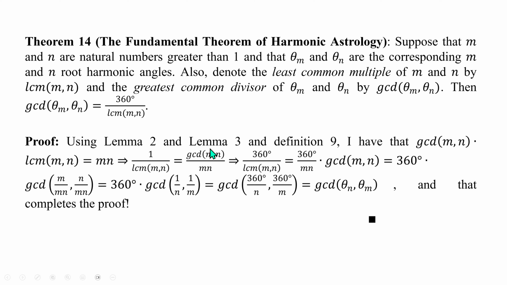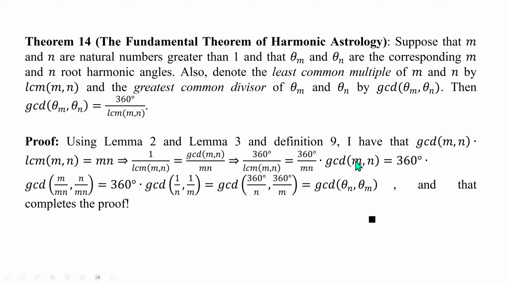So, using limit 2 and limit 3 and definition 9, I have that the greatest common divisor of M and N times the least common multiple of M and N is equal to M times N. And then you can just do a little algebra with this equation to rewrite it as 1 over the least common multiple of M and N is equal to the greatest common divisor of M and N divided by M times N. Multiply both sides of this equation by 360 degrees, and you get this.